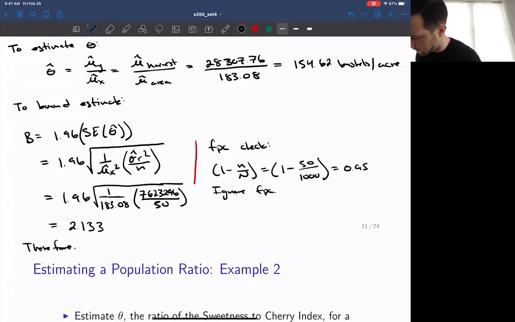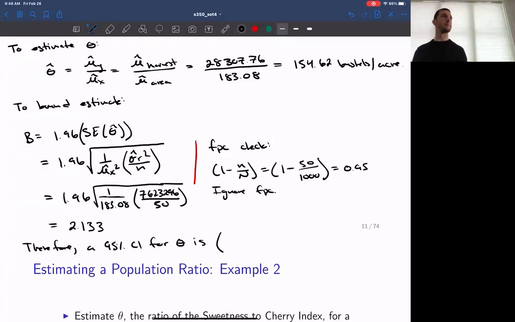Therefore, a 95% CI for theta is going to be approximately 152.867 to 157.133. Cool.